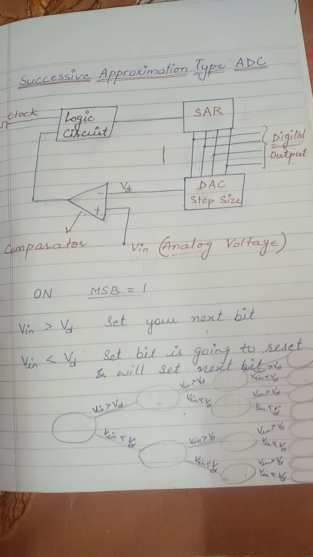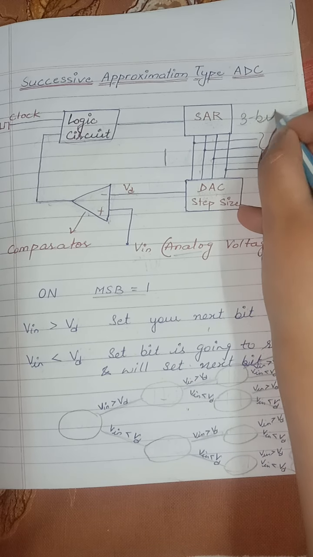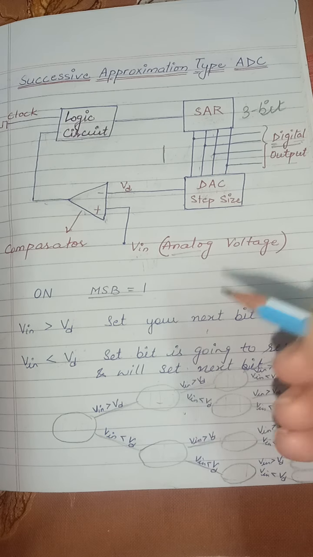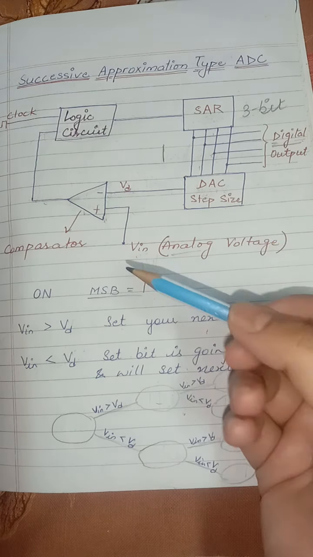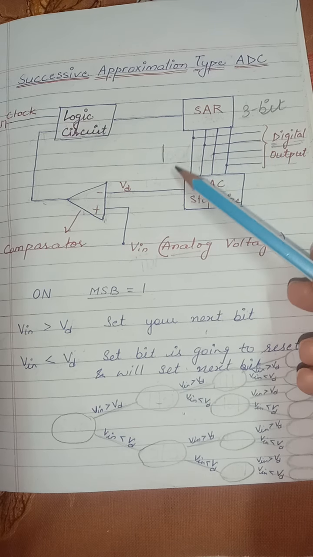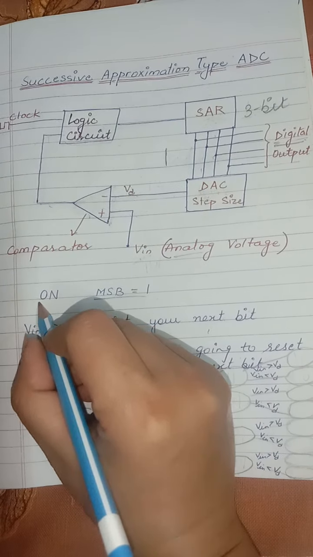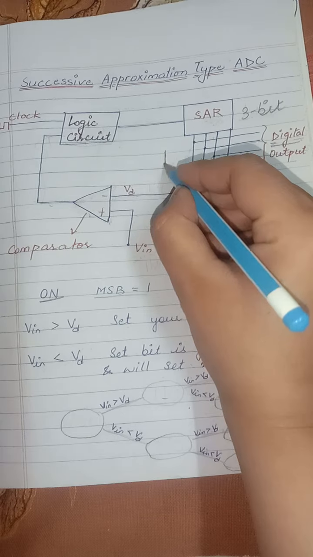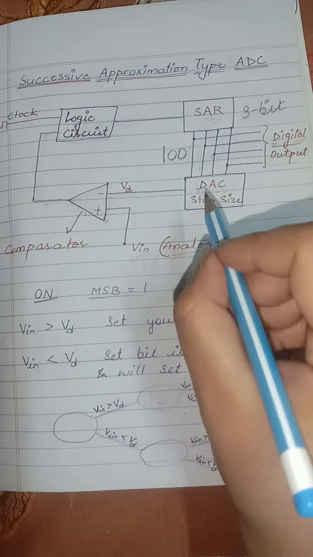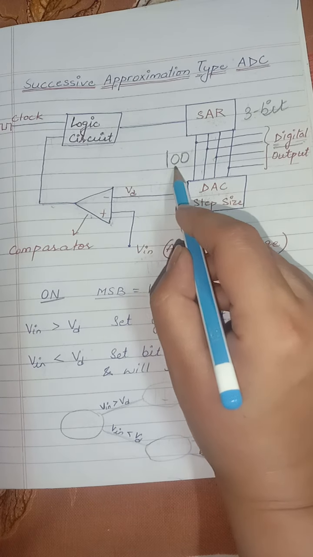So first of all, suppose we are considering a 3-bit digital output of the SAR. We will consider all the possible cases for the inputs. When we start the SAR, after the circuit is on, the MSB is 1 and all other bits will be 0. So the first output from the SAR will be 100.